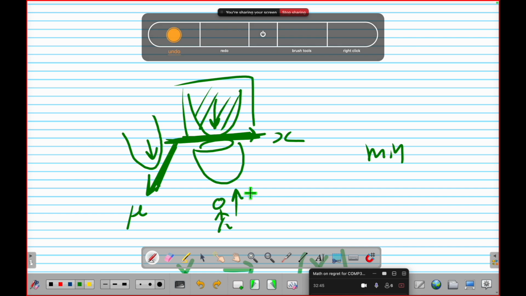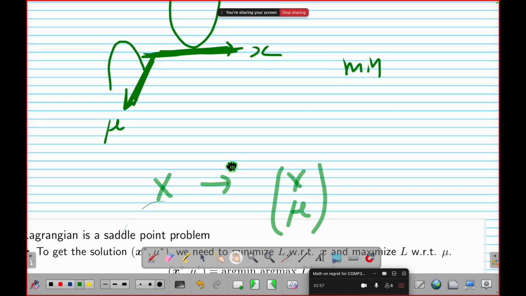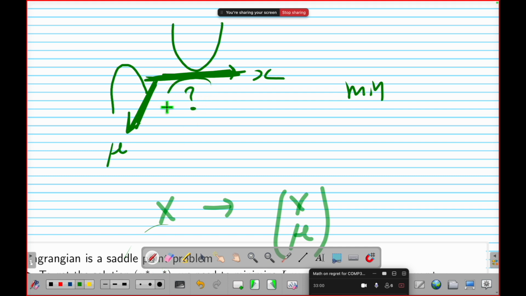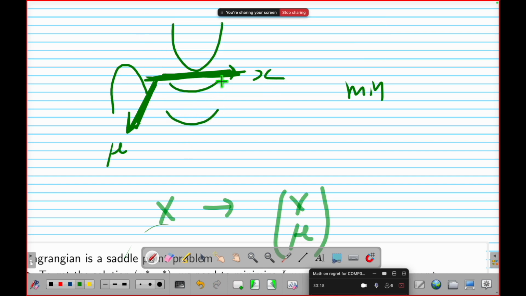But now the funny thing is, mu is max, because x is min, mu is max. So I will have something in the middle. If you look this way, the shadow looks like this. If you stand here and look this way, the shadow looks like this. So what is it? This surface is called a saddle point. It's actually a Pringle chip. In the x direction, it's a U shape.